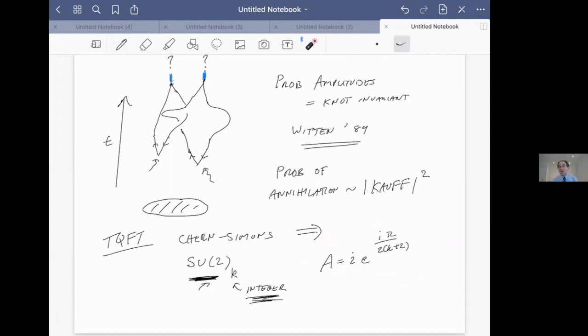It's not too hard to show, actually. Whereas as a knot invariant, it can be any number at all, or it doesn't even have to live in a number field. It can be some complicated thing. But for a physical system, it has to be a complex number of magnitude 1.